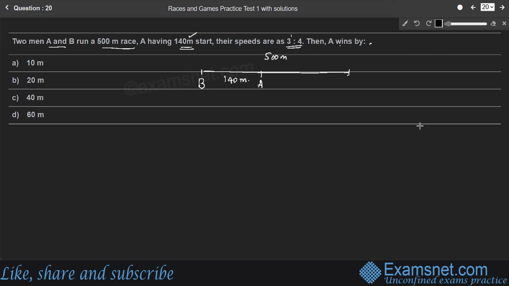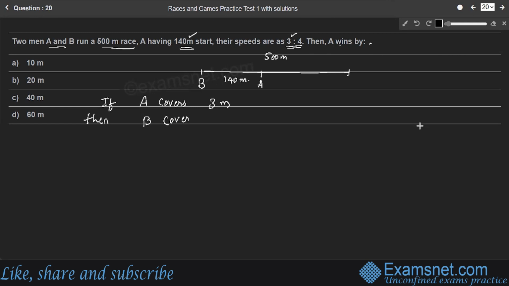And their speeds are 3:4. That means A to B speed is 3:4. If A covers 3 meters, for example, then B covers 4 meters of distance, right?